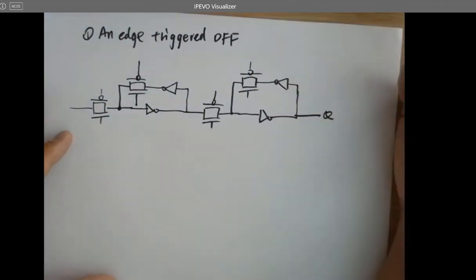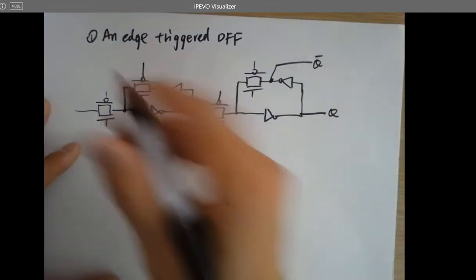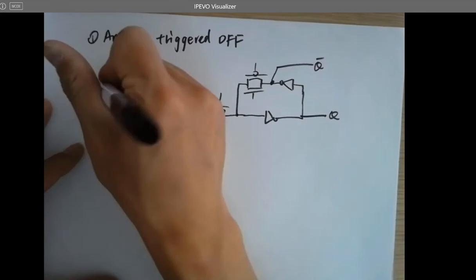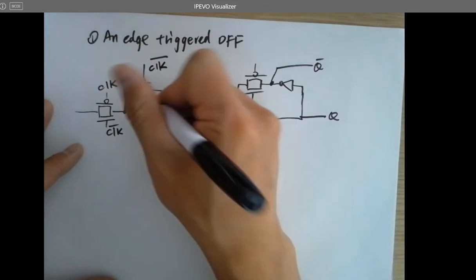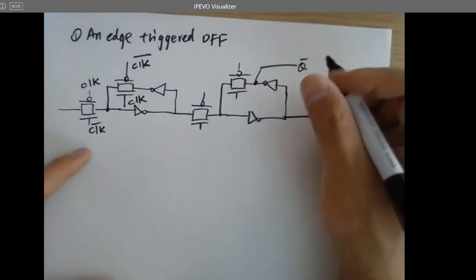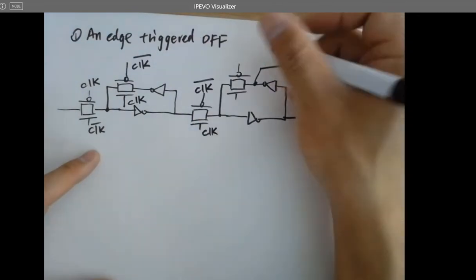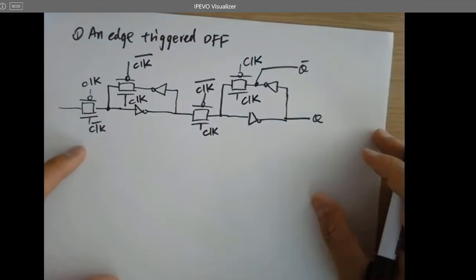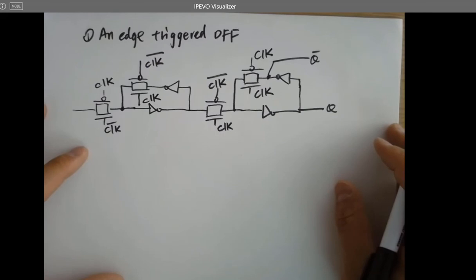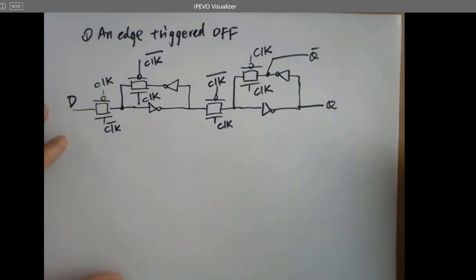Q, that's Q naught. And clock. So why is this edge triggered? Here's D, data.